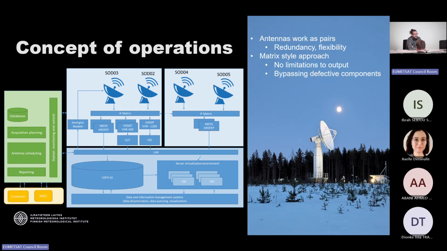So basically, we lost 25% of our capacity, but with advanced planning, we were able to serve the customers 95%. So it is pretty good numbers, but it wouldn't have been possible without this kind of matrix-style approach for our operations.